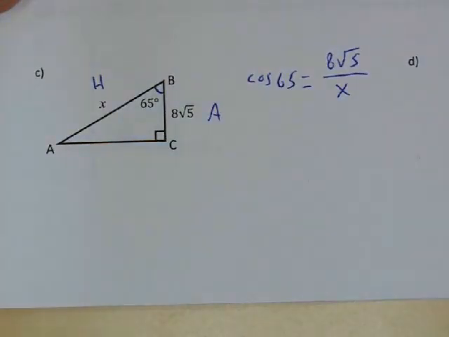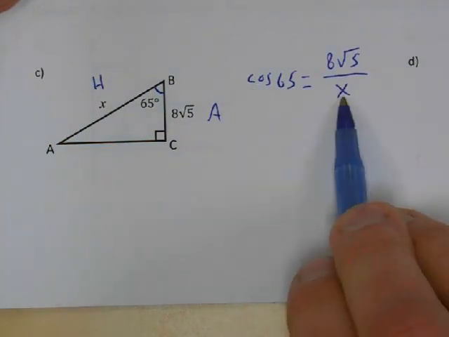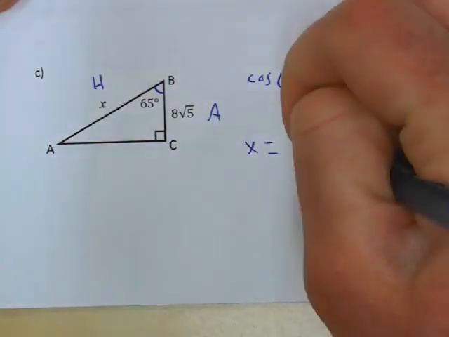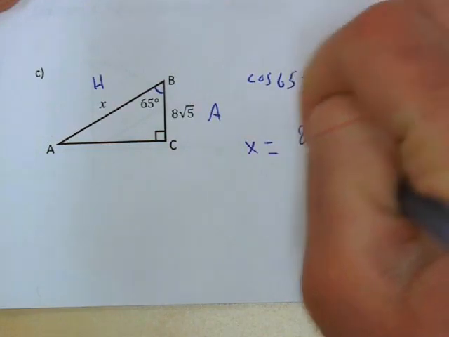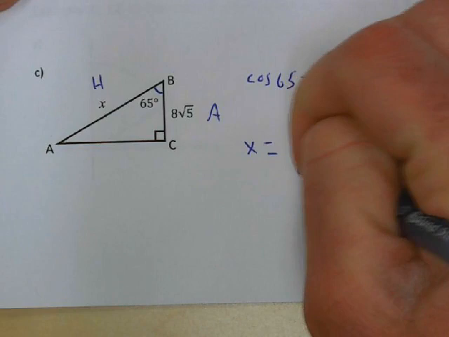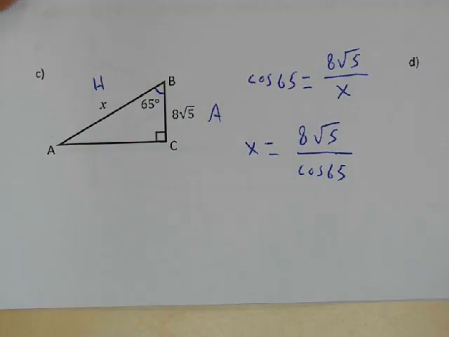All right, now like we just talked about, since we got x in the denominator, when I multiply by x, it's going to move the x over here, and then divide by that thing, it's going to move that down here. So we can basically just switch those things up, and we know x is going to equal 8 root 5 over cosine of 65. Okay? All right, and then that's pretty much our answer.